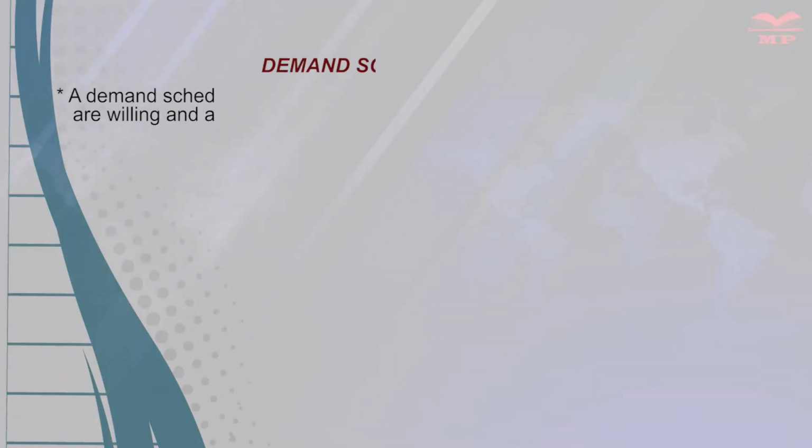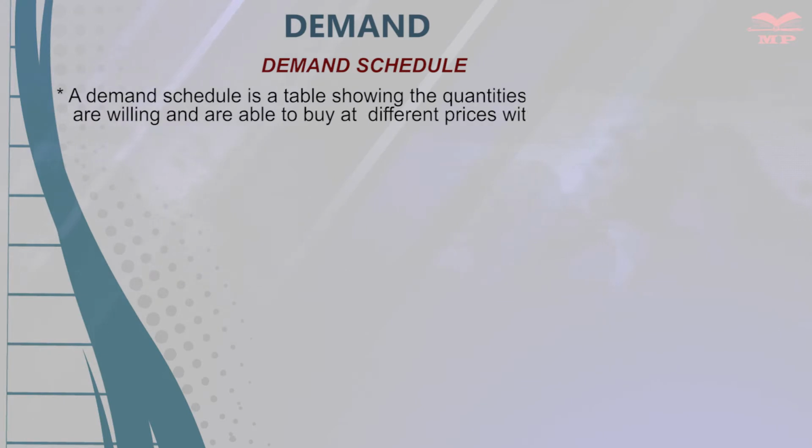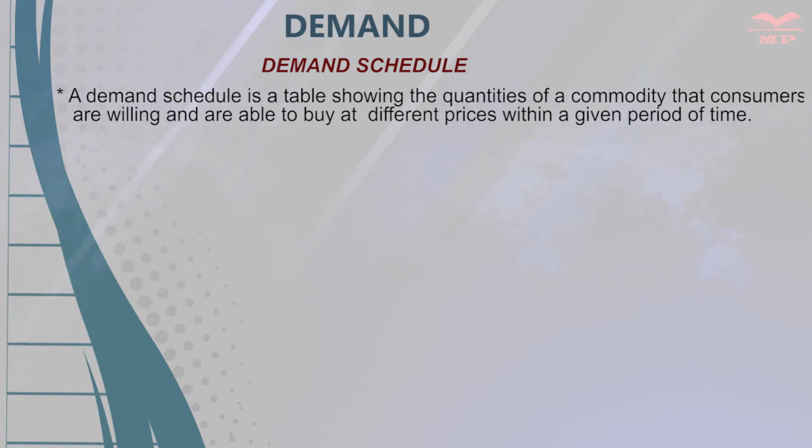A demand schedule is simply a table showing the quantities of a commodity that consumers are willing and able to buy at different prices within a given period of time.